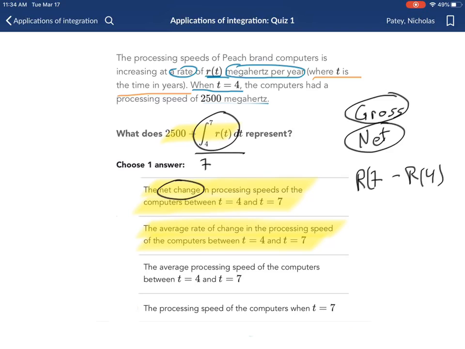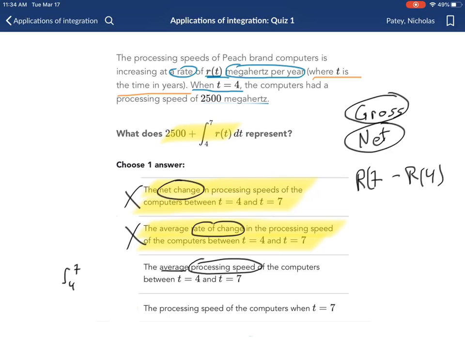That would find you the average. So this one is definitely not it either. The next one is asking for the average processing speed. That would be the megahertz, not the average rate of change, but the average processing speed. That would have been the integral from 4 to 7 of capital R(t) dt, divided by 7 minus 4. So we know it's definitely not that either.